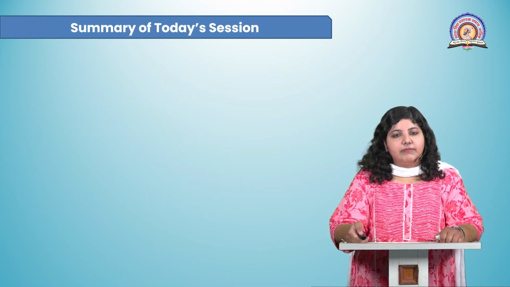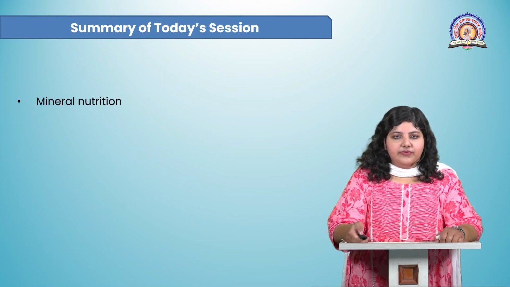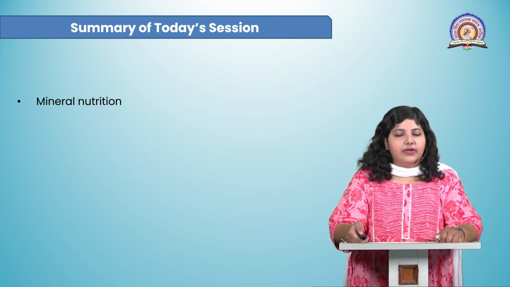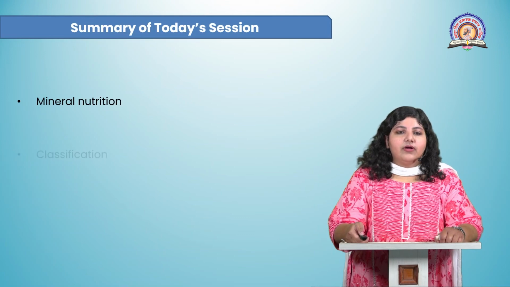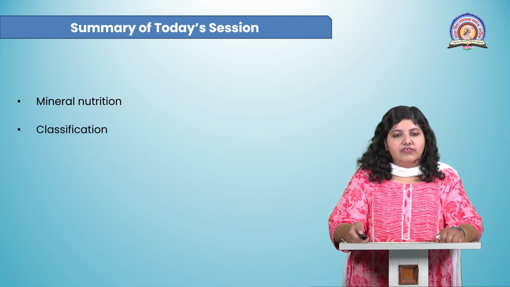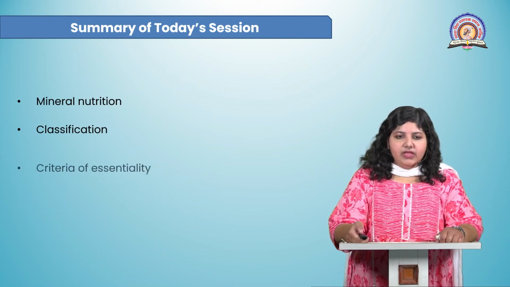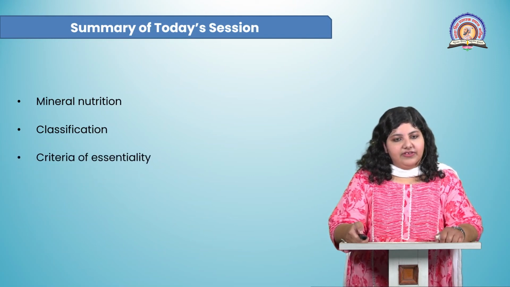Now let us see the summary of today's session. Today we have discussed mineral nutrition. What are the different elements required for the plant growth? What are the different classes of minerals? We have seen the two major classes, macro elements and micro elements. We have seen the criteria of essentiality, how elements are considered to be essential or non-essential.